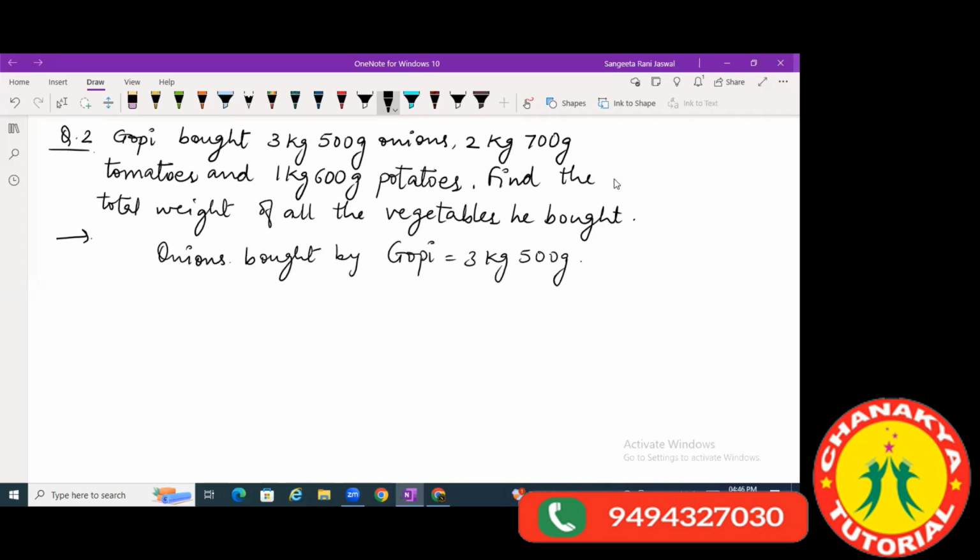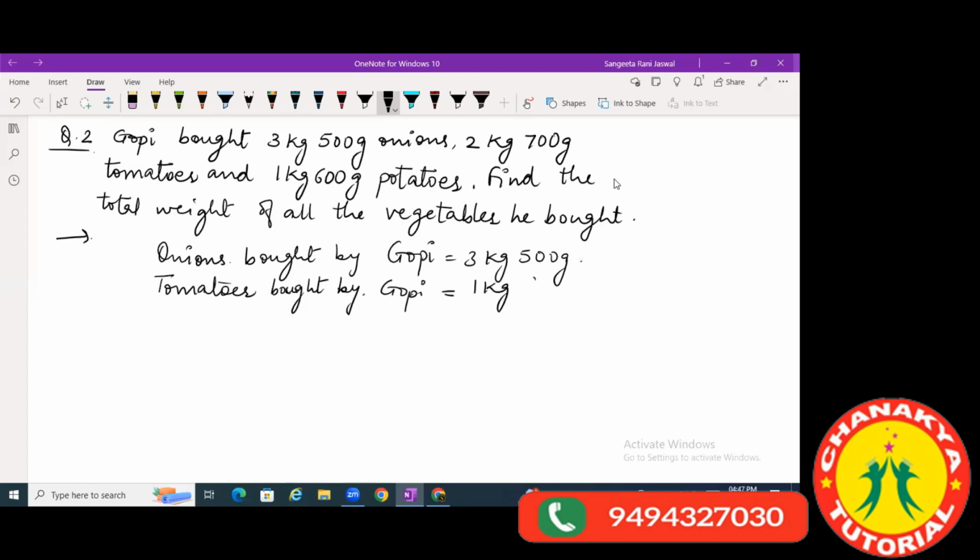Okay, next statement, Harshit. Ma'am, weight of tomatoes bought by Gopi. Very nice. Weight of tomatoes bought by Gopi. I'm just writing like this so that it's the same, but in your notebook, you please write the whole thing. Okay? Ma'am, it's 2 kg 700 grams.